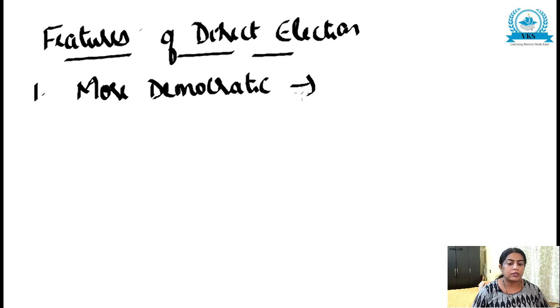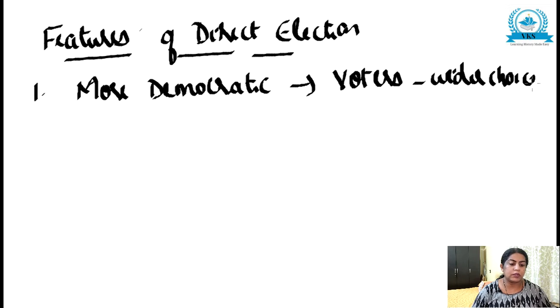That means the voters have a wider choice. There are no intermediaries, so they can elect their representatives directly.